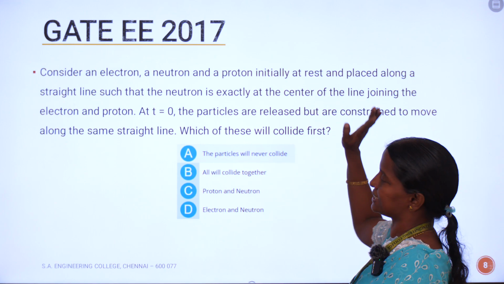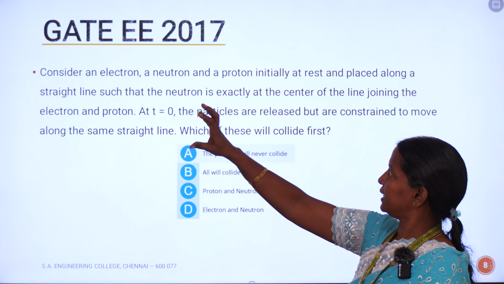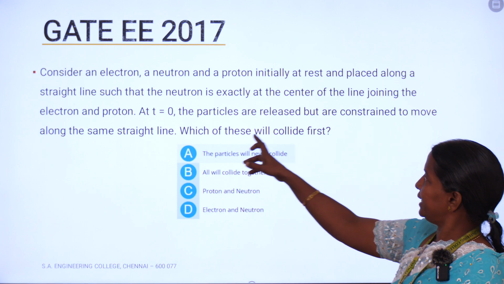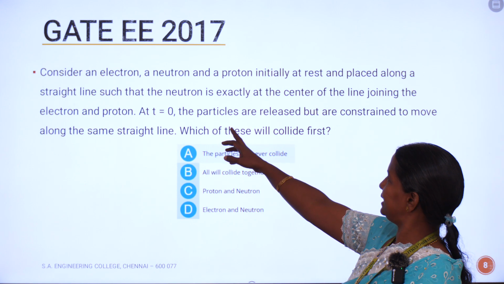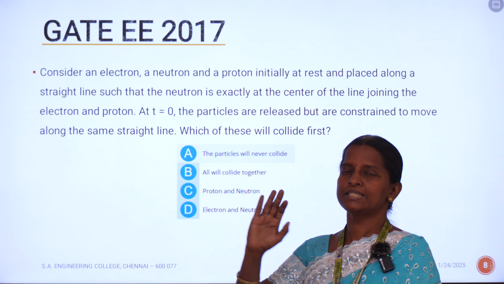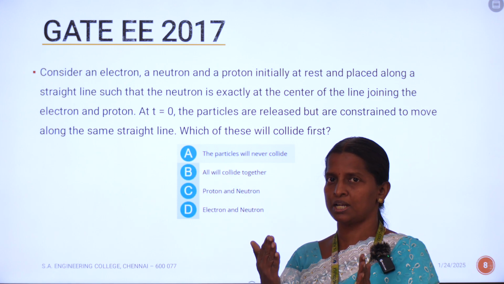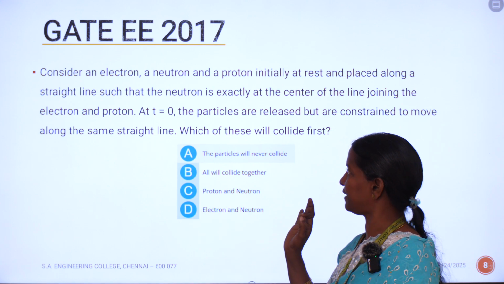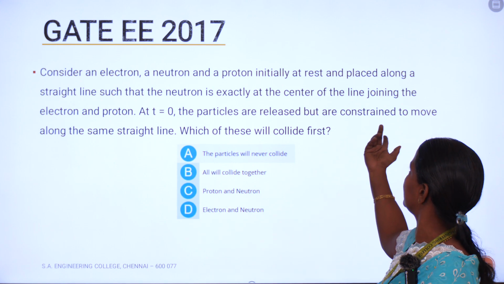Initially they are at rest: electron, neutron, and then the proton, placed along a straight line such that the neutron is exactly at the center of the line joining them. That is, the distance between the electron and neutron and the distance between the proton and neutron are equal. Okay, 5 meters we can take.